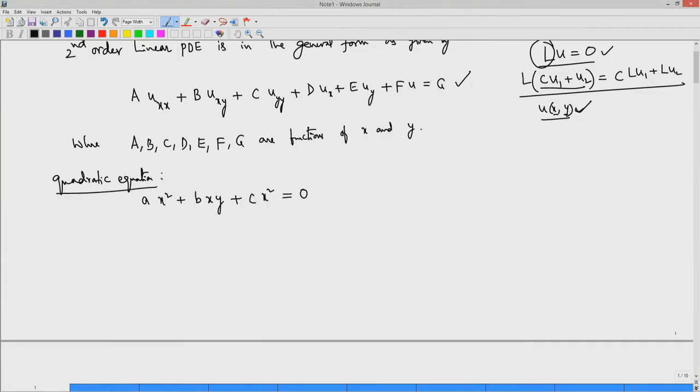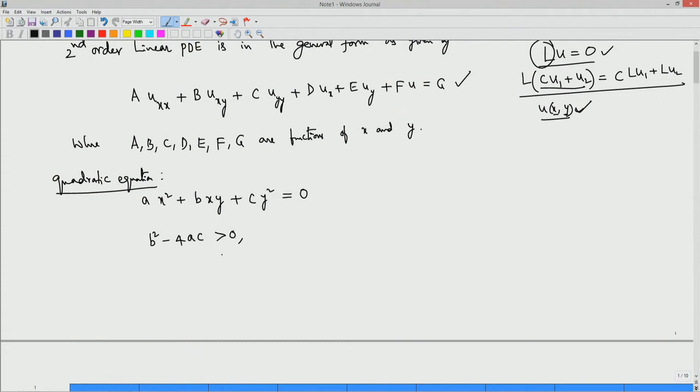How do you classify a quadratic equation as conic sections? It depends on the discriminant b square minus 4ac.